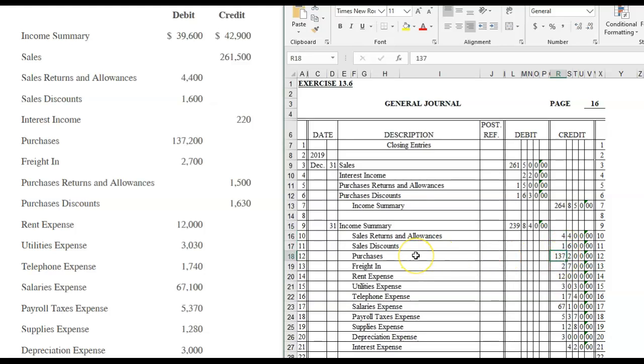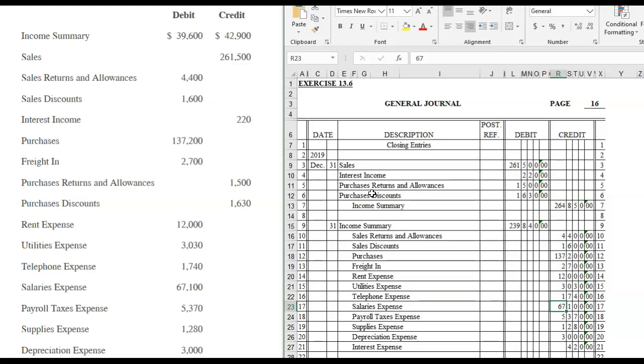These are all expenses. Then freight costs of buying the purchases, rent expense, utility expense, phone expense, and so on. And you're probably thinking, why are these sales things not up in the sales area?